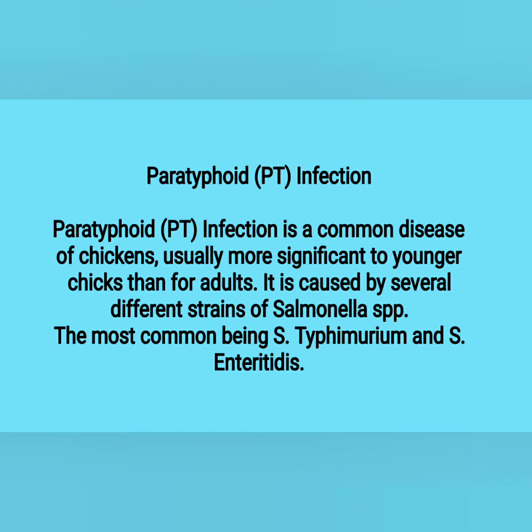Paratyphoid, PT, infection. Paratyphoid, PT, infection is a common disease of chickens, usually more significant to younger chicks than for adults. It is caused by several different strains of Salmonella spp. The most common being S. Typhimurium and S. Enteritidis.